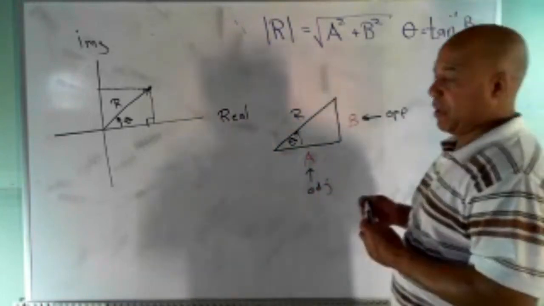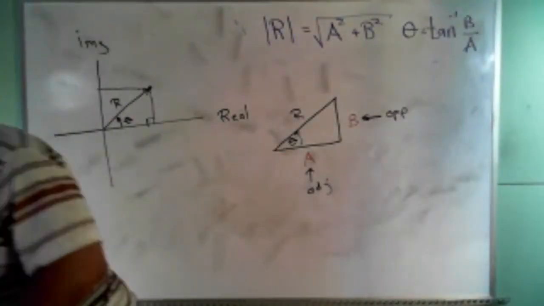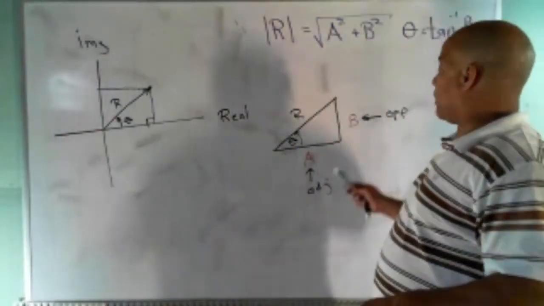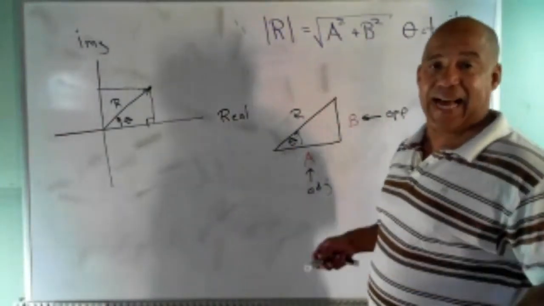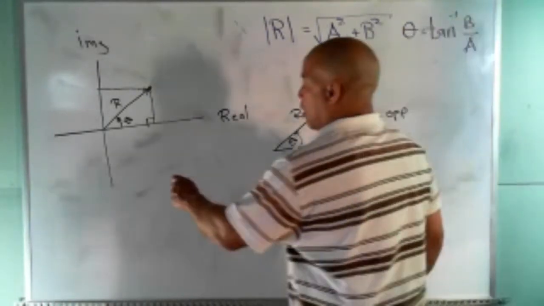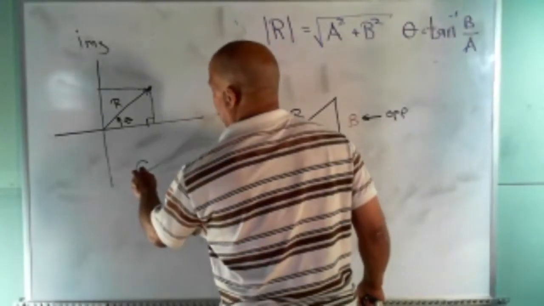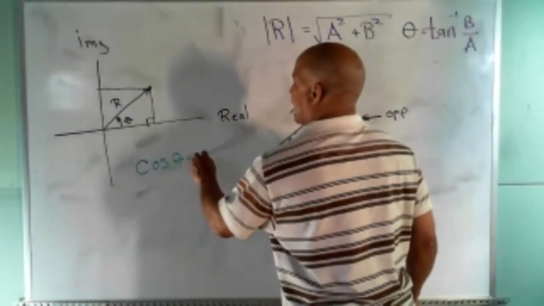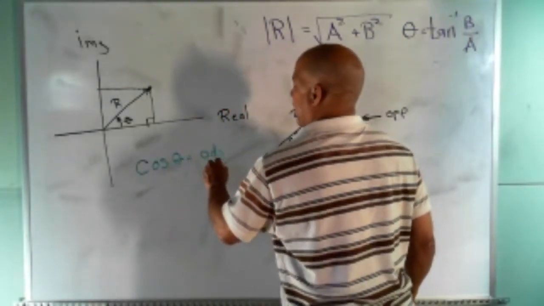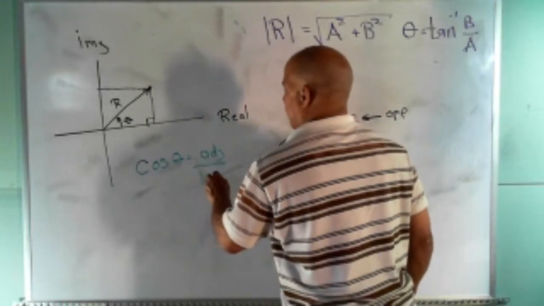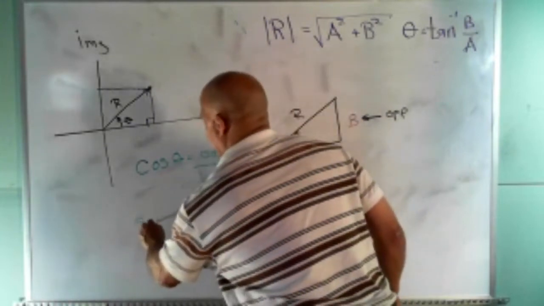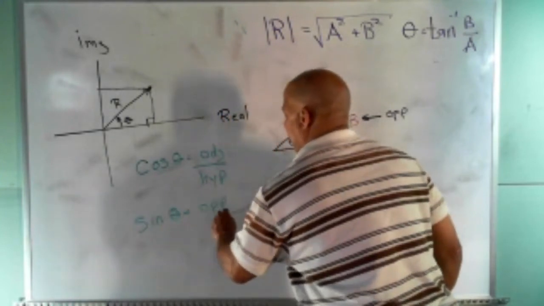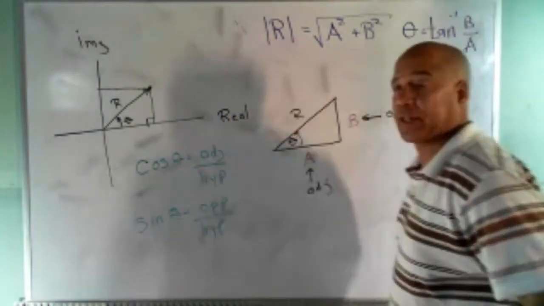You might remember from your trig class, we did tangent already. We always use the tangent when we want to get our angles. But when I want to get these sides, I'm going to use the sine and the cosine. The cosine of an angle is equal to the adjacent side over the hypotenuse. And the sine of an angle is equal to the opposite side over the hypotenuse. That's what they taught you in your trig class.